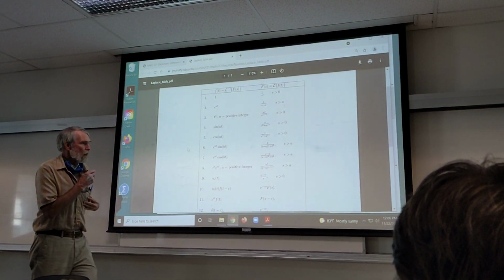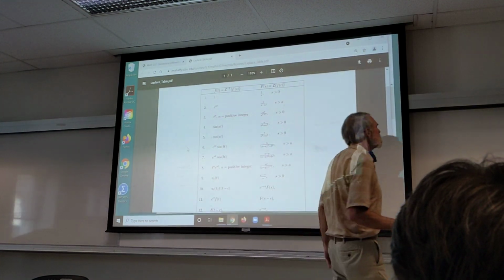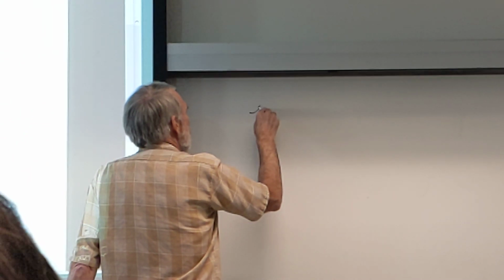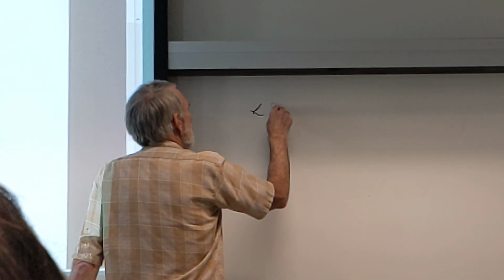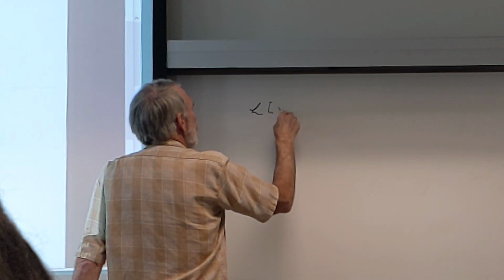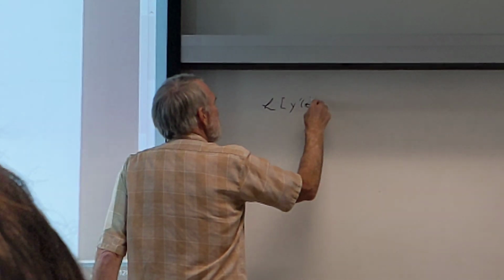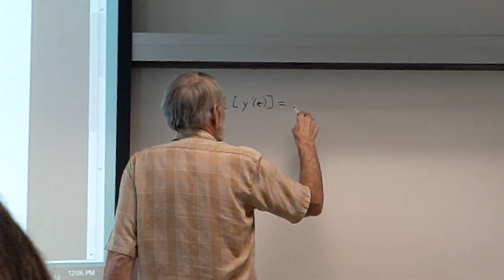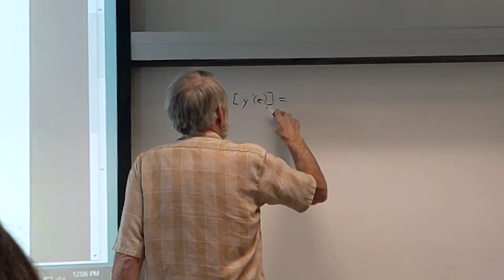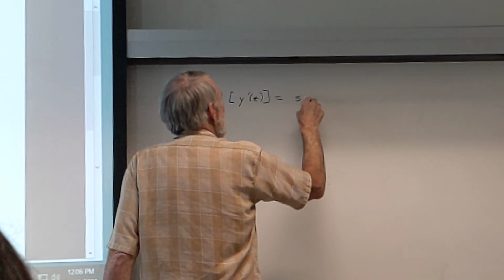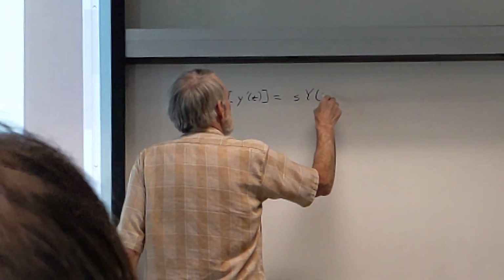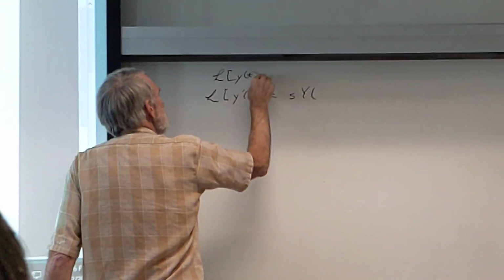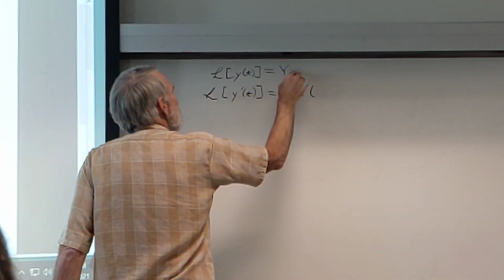So, I'll just remind you, what we had last time was we showed that the Laplace transform of y prime of t was equal to, let me write this as s, let's let the Laplace transform of y of t be equal to Y of s.